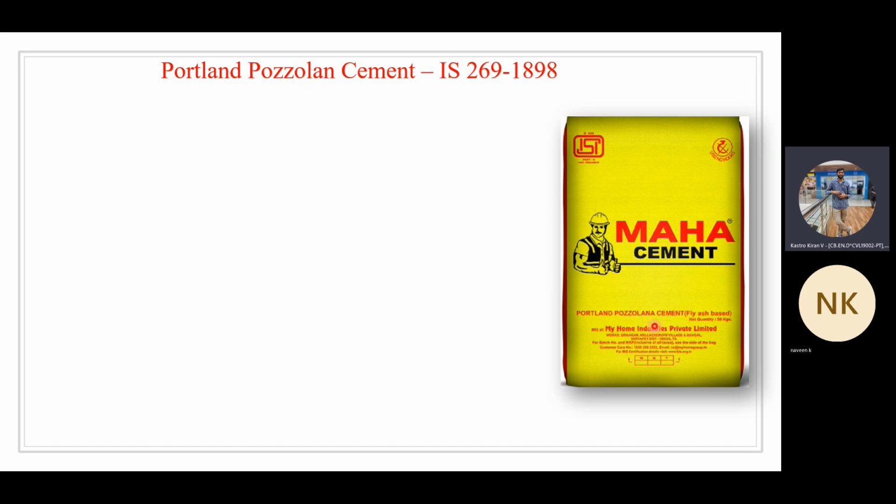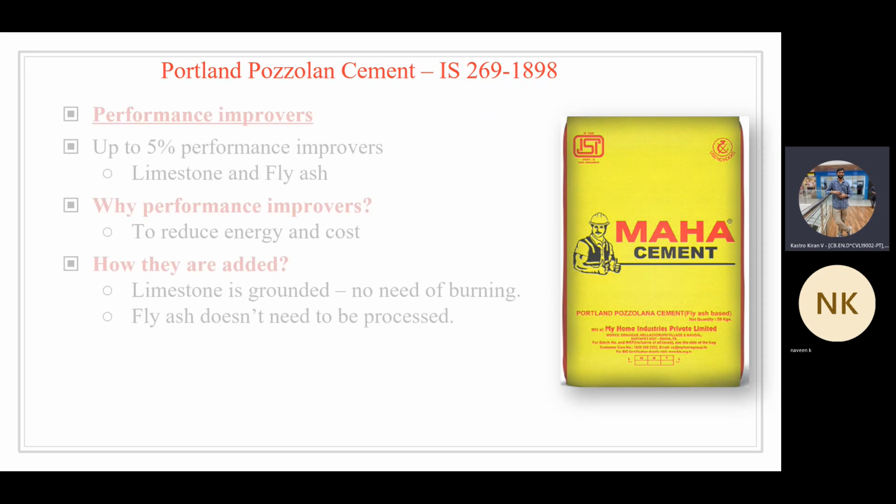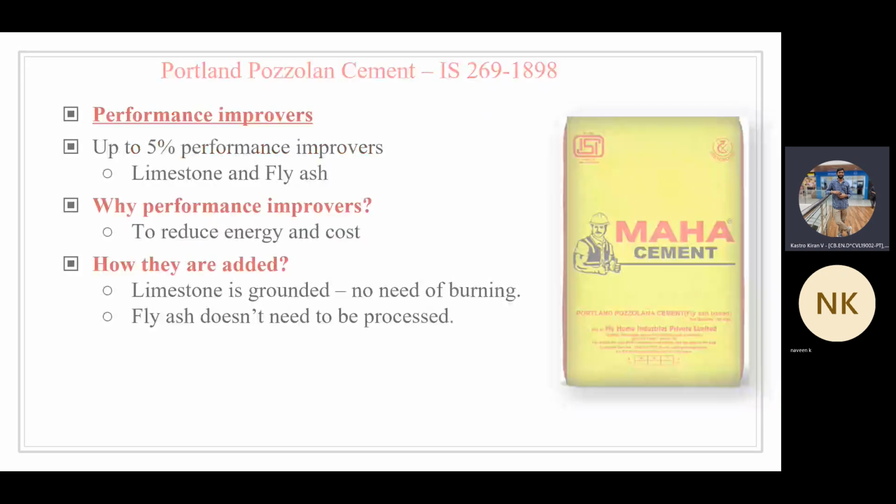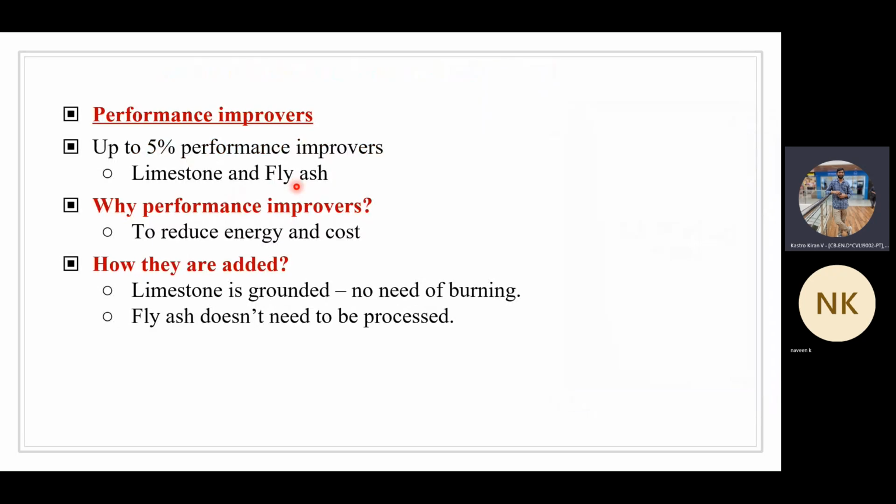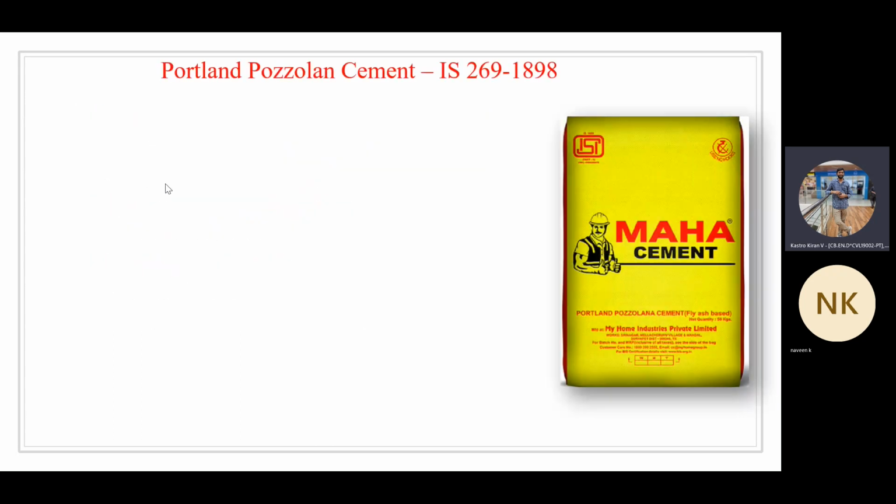Up to how much content? Up to 5%. That's what we were looking at in performance improvers. In performance improvers, we add fly ash also as one of the materials. Here we are going to add up to 5%. Beyond that, we cannot add. So that's where the Portland Pozzolana cement comes into the picture.